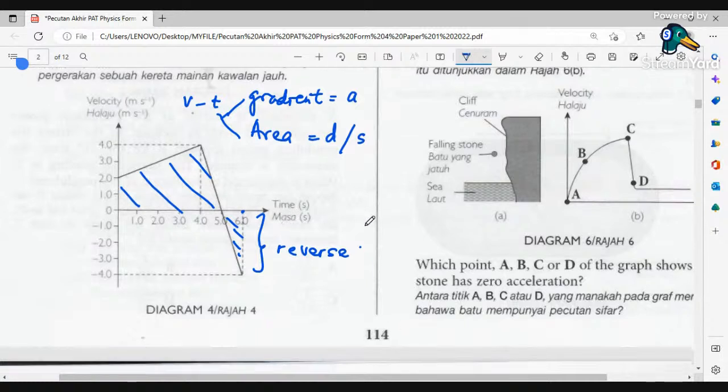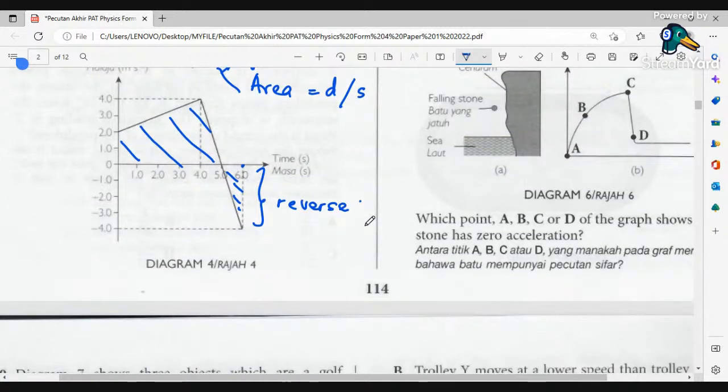Okay, let's try to calculate the area under the graph. You have this trapezium, one small triangle here and one small triangle here.